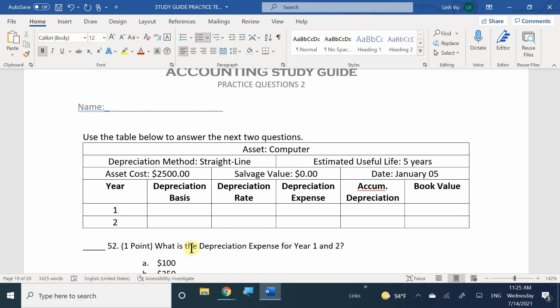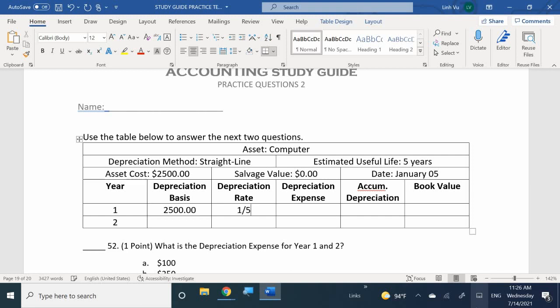Okay, so assuming that we are calculating depreciation every year, let's solve for the depreciation basis. What's going to be the depreciation basis? Cost minus salvage. In this case, we got 2,500 minus 0. So my depreciation basis is going to be 2,500. Good. Now, what's my depreciation rate going to be? $0.20.